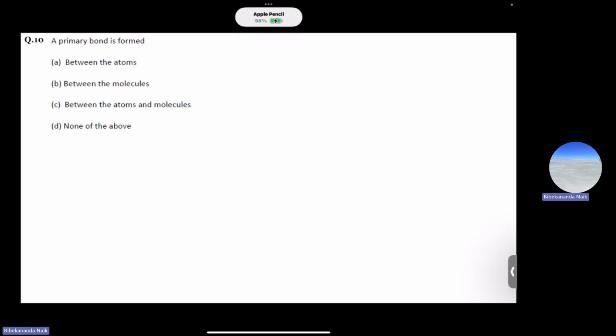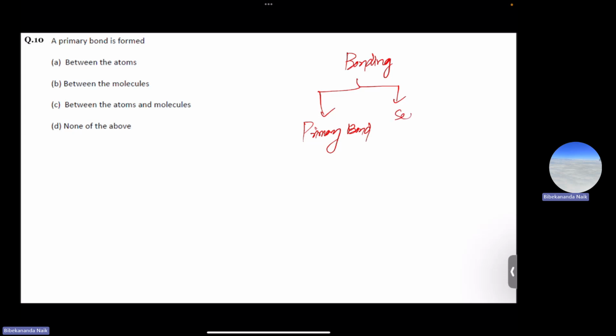So if you talk about types of bonding, there are two types of bonds. One is primary bond, another is secondary bond.